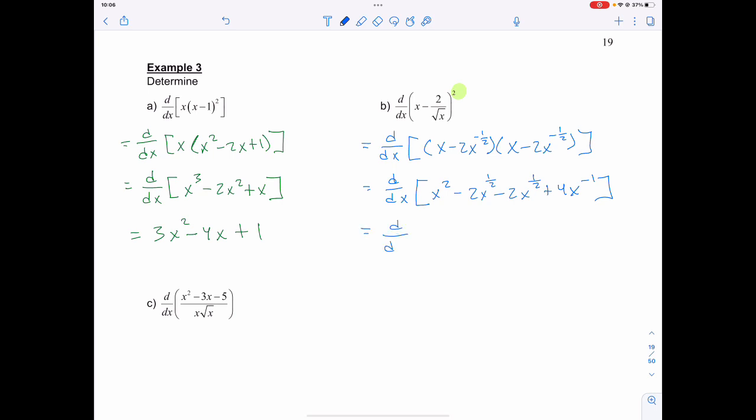Simplify it, and I'm going to get the differentiation of x squared minus 4x to the 1/2 plus 4x to the negative 1.